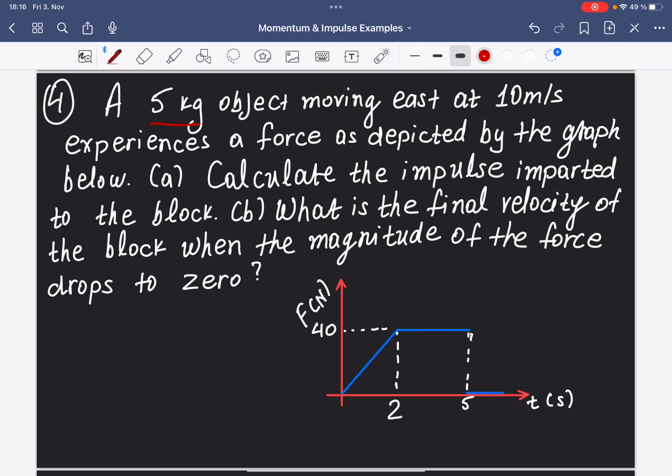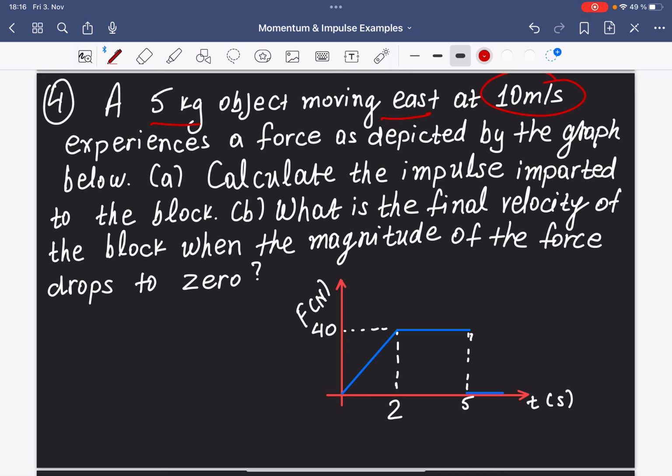A 5-kilogram object moving east at 10 meters per second experiences a force as depicted by the graph below. So we look at the graph and we have force on the y-axis and time on the x-axis. We see by the blue line how the size of the force is changing with time.